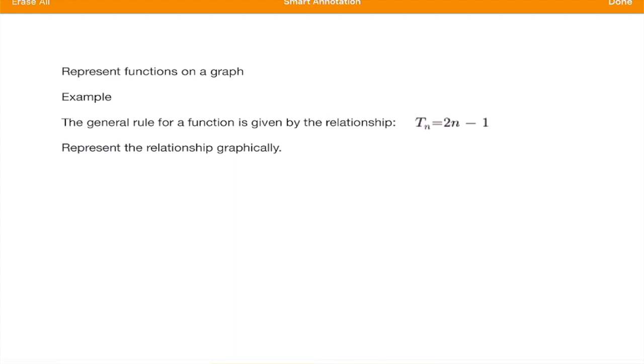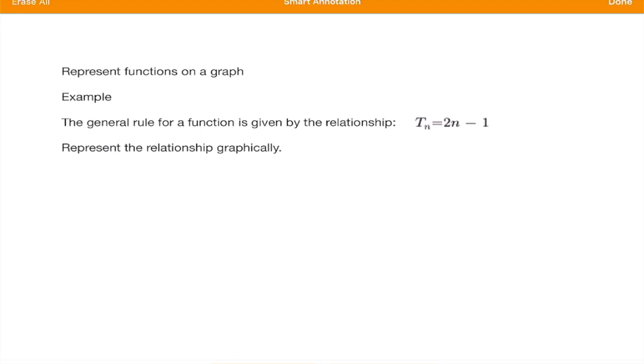Remember that n represents our input values and Tn represents our output values. I want us to also remember that we can use x for input values and then use y for output values.